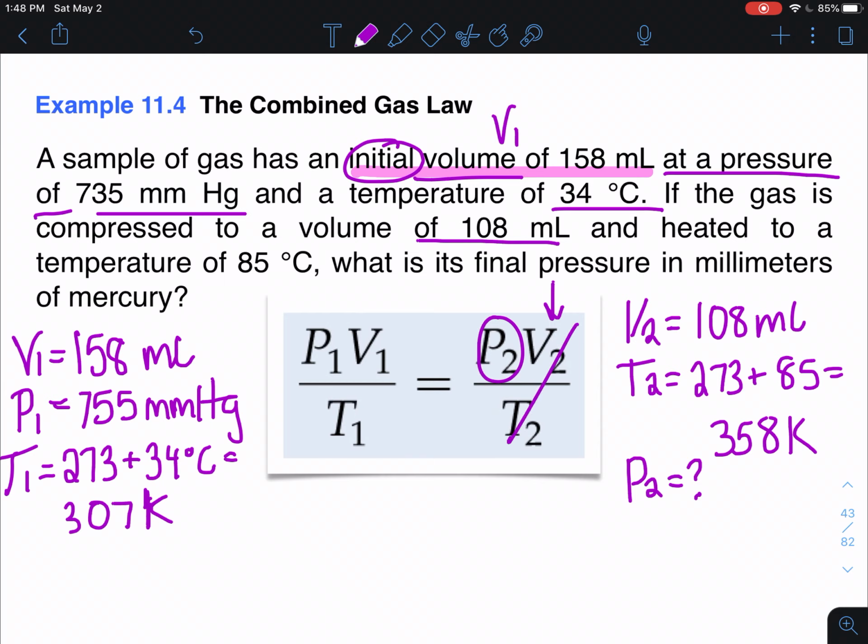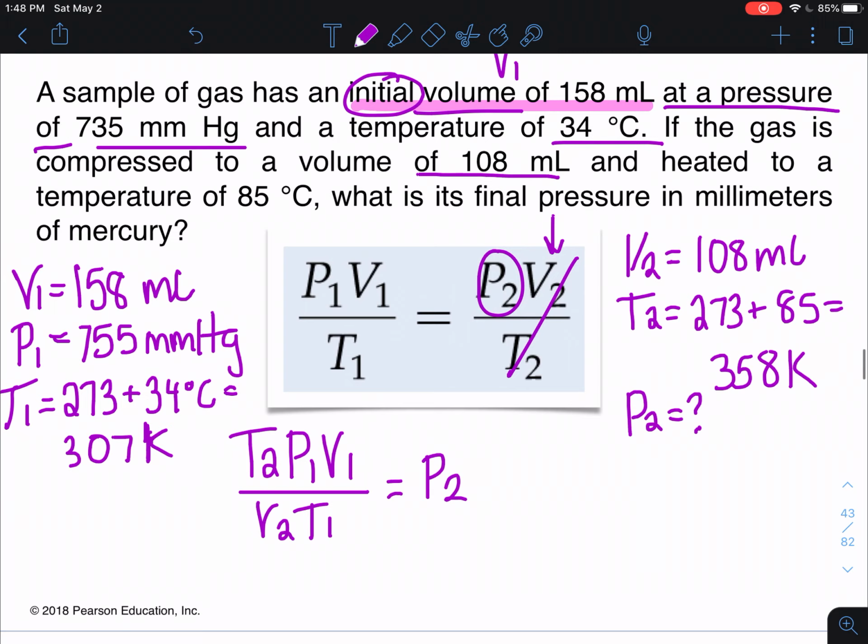Then our final equation is T2 times P1V1 over V2 T1 equals P2.